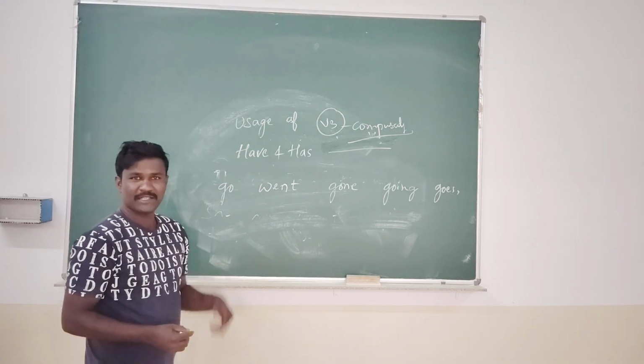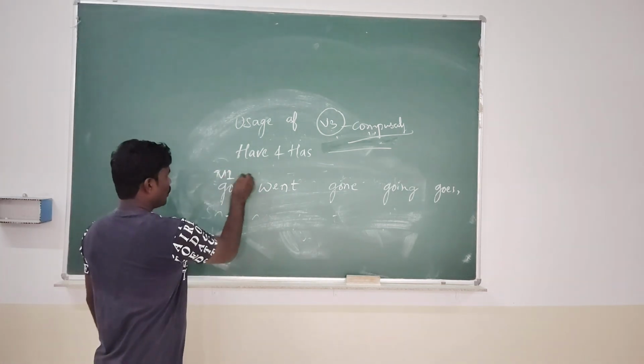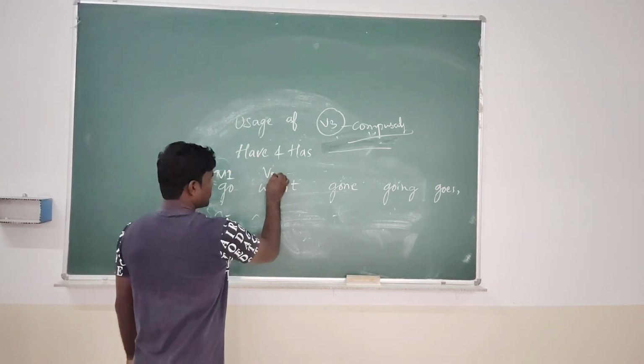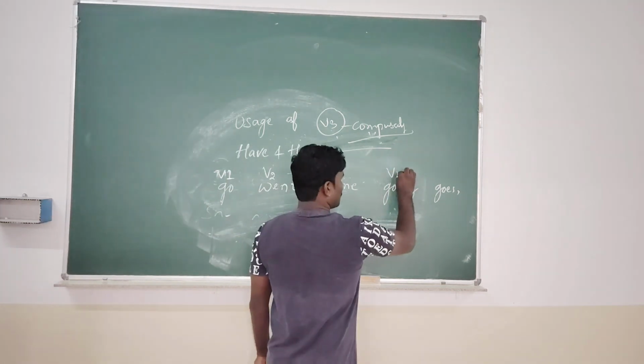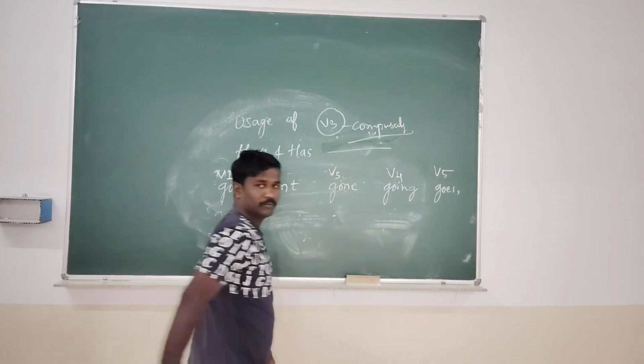Now let us understand which is which. This is V1, this is V2, this is V3, this is V4, this is V5.